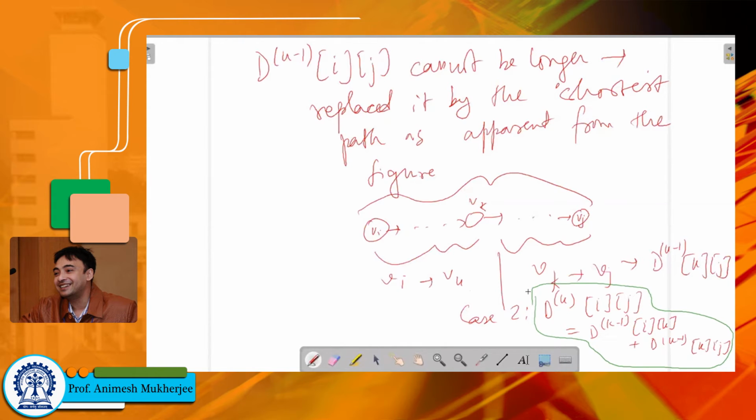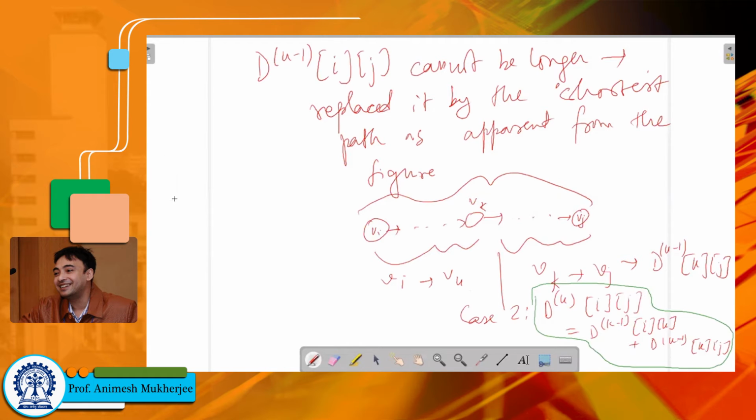So this is the optimal substructure. So the larger shortest path includes in it subpaths which themselves are also shortest paths. This is what is being reflected by the equation that we have written out here.